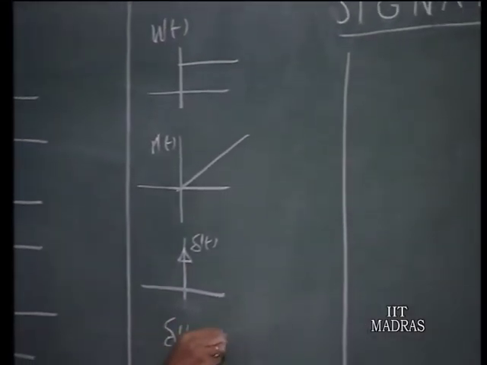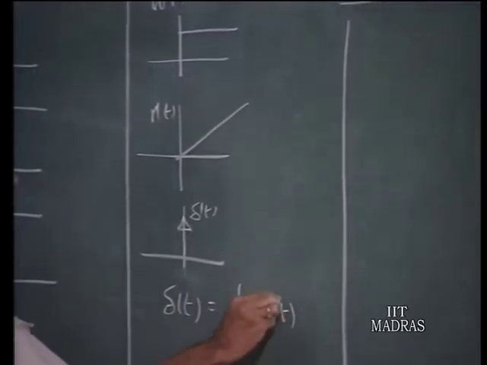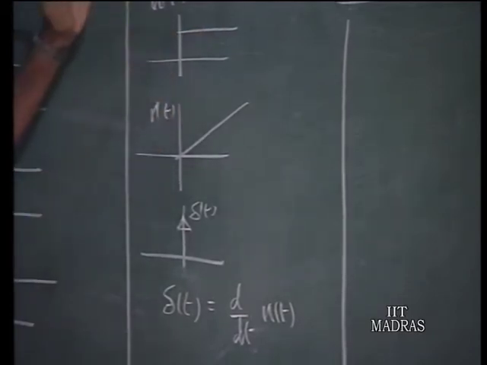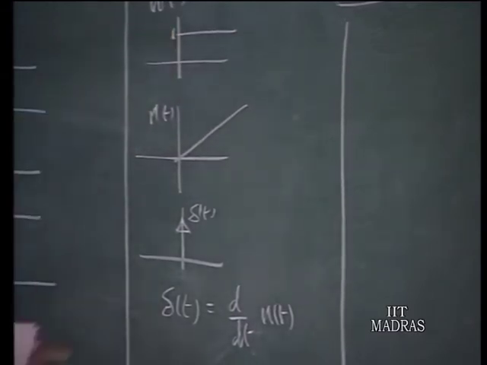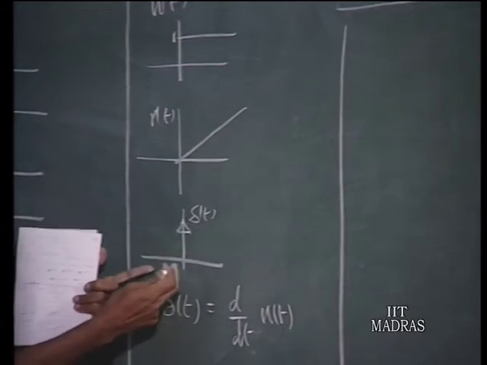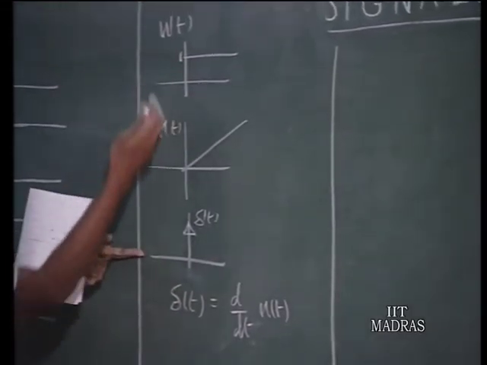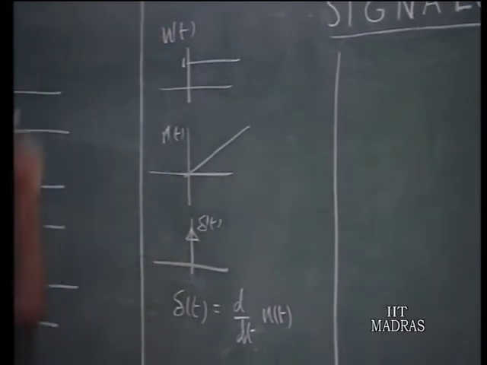Delta t is d by dt of u of t, because when you differentiate, this derivative is 0 here and here. At this point there is a sudden jump of 1 unit, and the area under this delta curve is 1 unit. That means when you integrate the delta, you get a rise of 1 unit. Therefore, u of t is the integral of delta t, and delta t is the derivative of u of t.